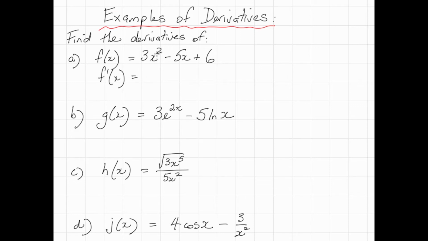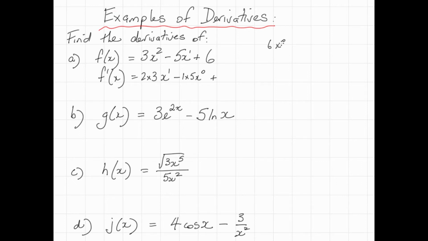Now the rule is that the power comes down, so it'll be 2 times 3x, and then you take 1 off the power, so 2 minus 1 will be 1, minus, now x is like x to the power of 1, so it'll be 1 times 5x to the 0, plus, now 6 is like 6x to the 0.